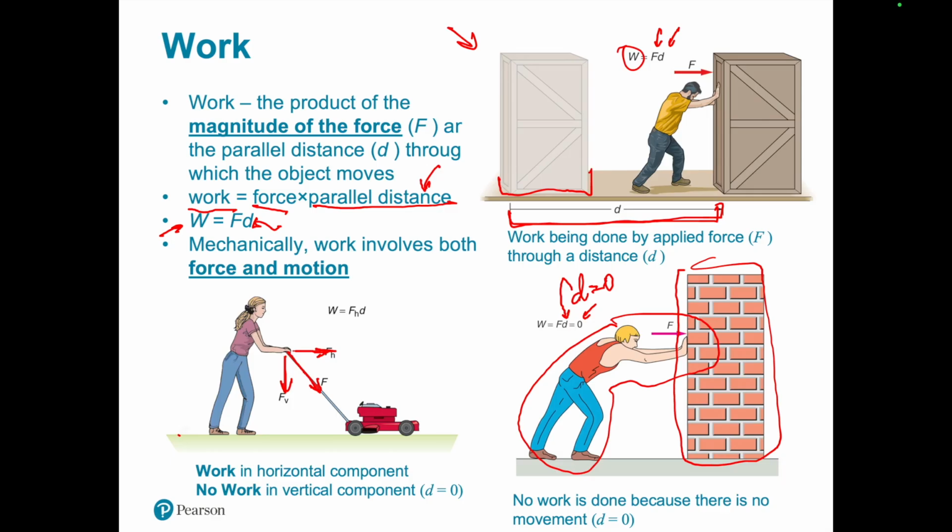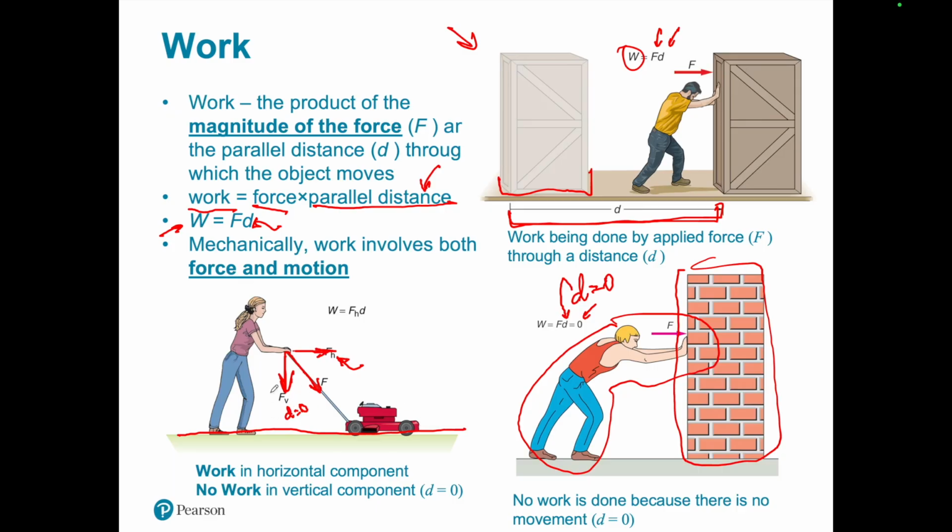Since this lady is on a flat, level surface, her work pushing the lawnmower down is actually 0 because the distance that it moved vertically is 0. The d equals 0 for the vertical distance right here, so she's not doing any work in the vertical direction. But in the horizontal direction, the lawnmower is moving. If the lawnmower is moving, it's changing position. Therefore, work is being done in the horizontal direction.